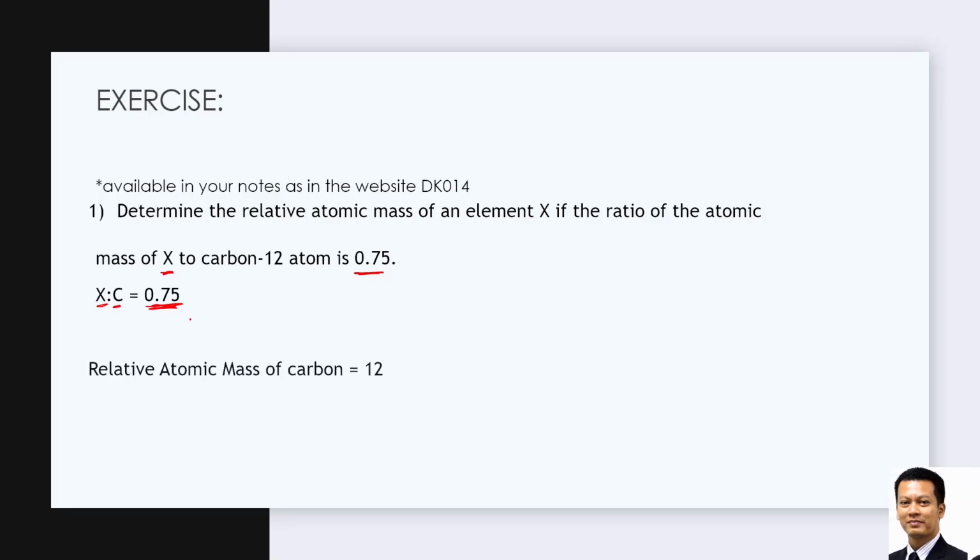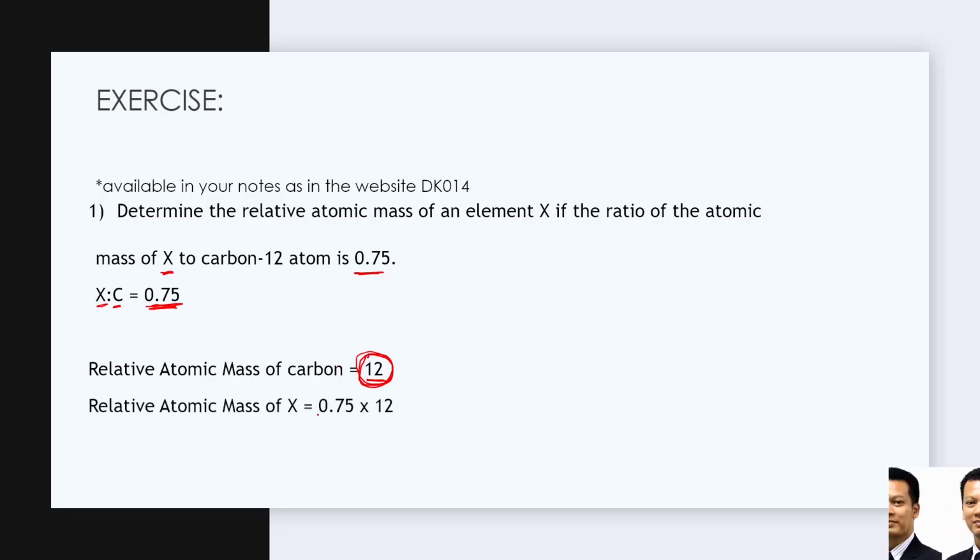The relative atomic mass of carbon is 12. The X ratio is 0.75, which means that from 12 here, X is 0.75. So you just multiply: 0.75 times 12, the mass of carbon. So you will get 9. That's the answer.